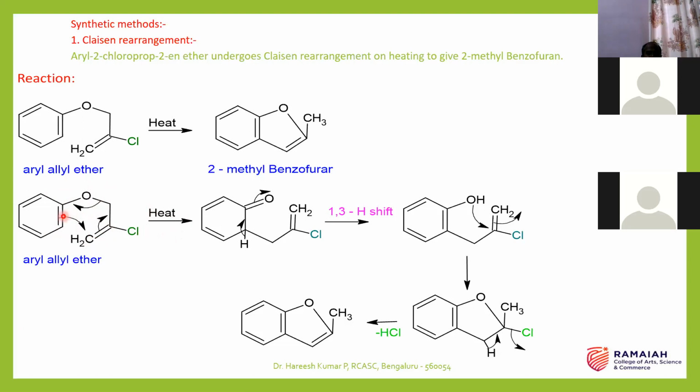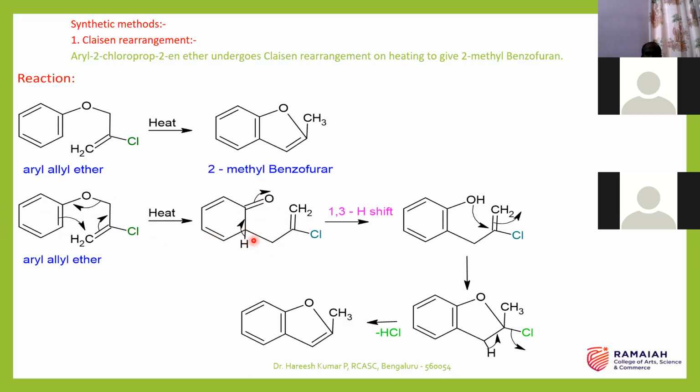This carbon and this carbon, there will be a new bond formation, and this double bond is converted into a single bond. Here there will be a new bond formation, and this single bond is converted into a double bond. So this conversion of aryl allyl ether is called a 3,3 sigmatropic rearrangement.